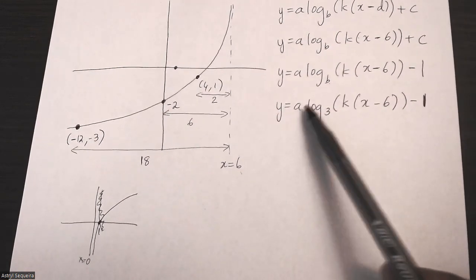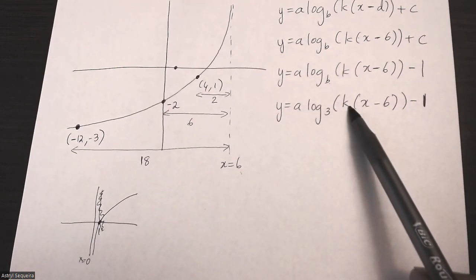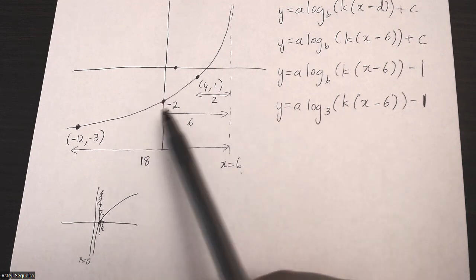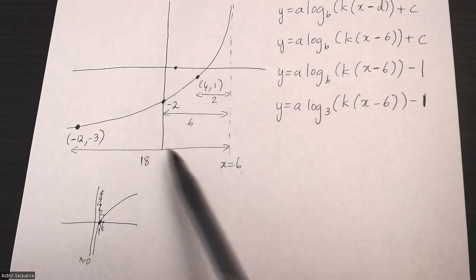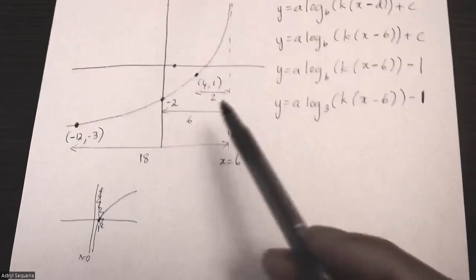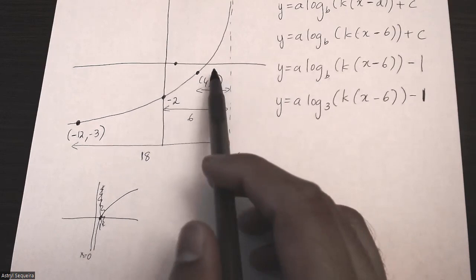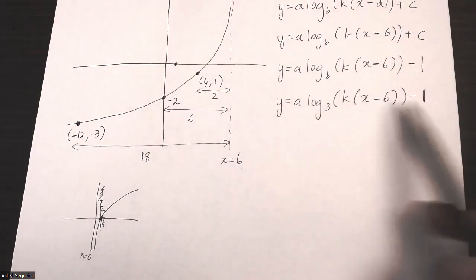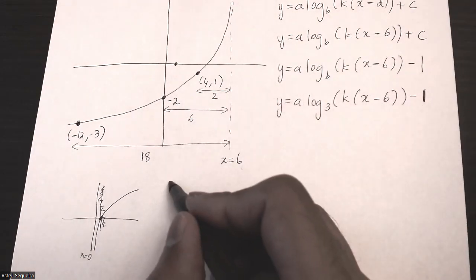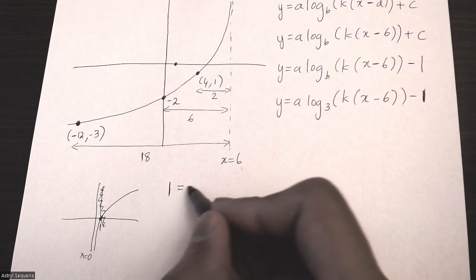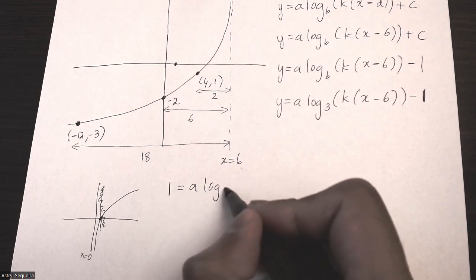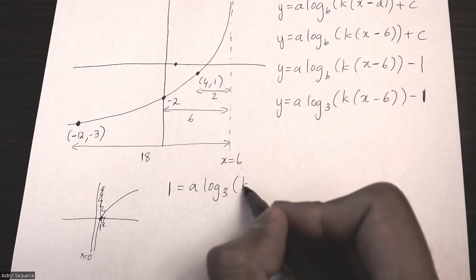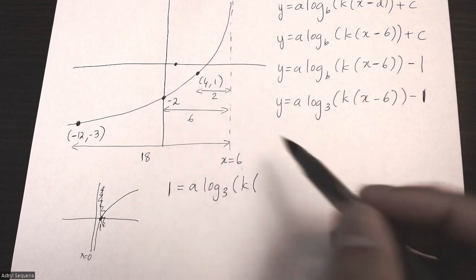So now I just need to figure out my a value and my k value, and then I'll have my entire equation. In order to do that, I want to just sub in points and solve using substitution. I'll do that down over here. I'll start by subbing in this point into this equation over here. So y is 1, a log base 3, x is 4.